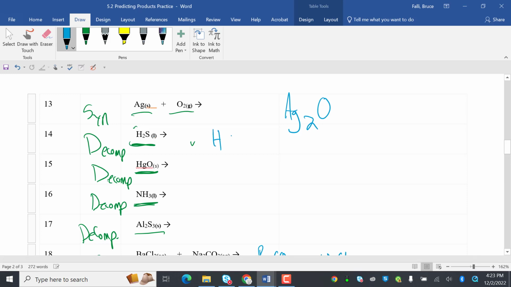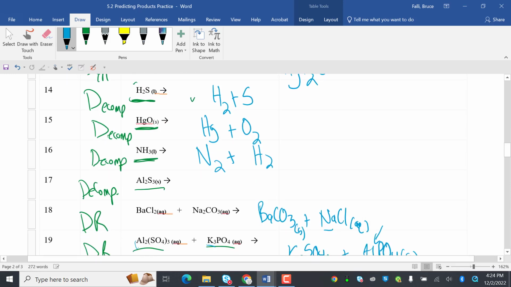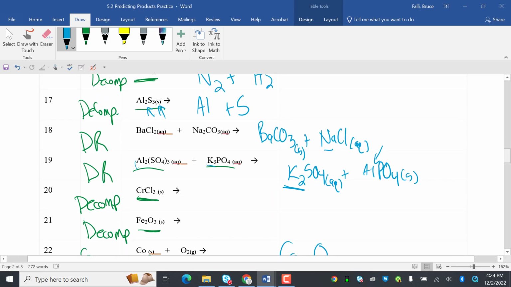So I get H plus S. Mercury oxide, Hg plus O. NH3, N plus H. Aluminum sulfide, aluminum plus sulfur. Notice the subscripts do not carry.